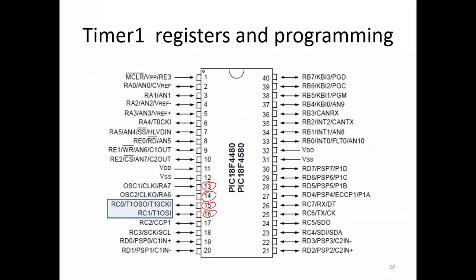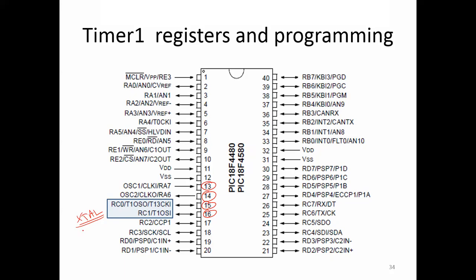Why do we need to add another crystal? If our application is, for example, a real-time clock, to generate a real-time clock, we need an exact, precise crystal, a precise frequency. In the market, we can find crystal frequencies dedicated for this application, for real-time clock.